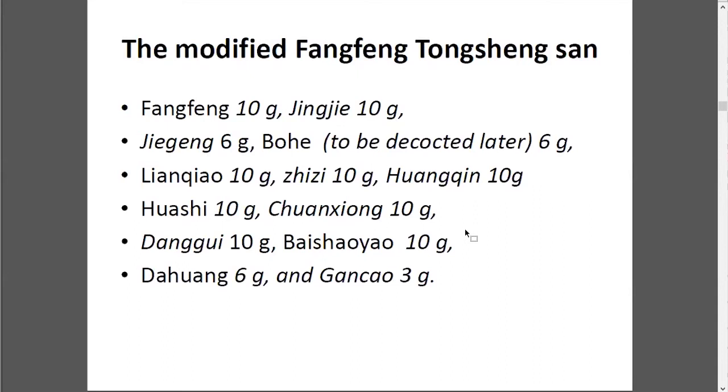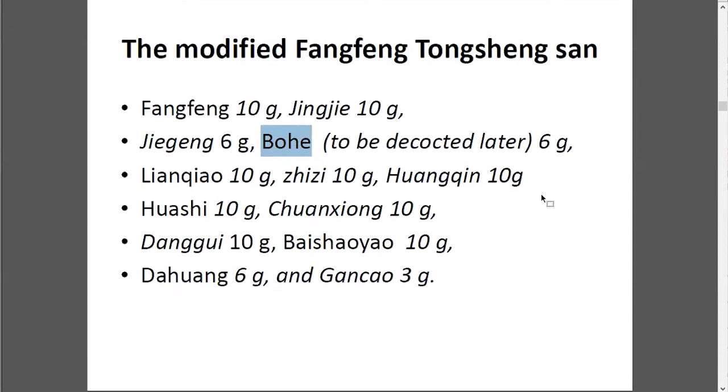防风 and 荆芥 here still mainly relieve external pathogen. And 桔梗 leads the herbs to go upper. And 薄荷 is the leaf of the herb, so pretty light, it goes upward. But remember, not only 薄荷, there are some other herbs I didn't put in there, like leaves and flowers, meaning pretty light herbs.